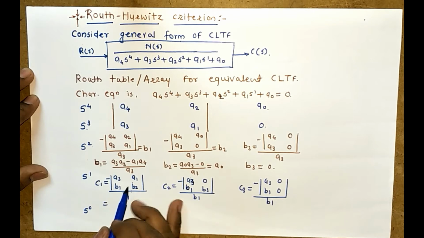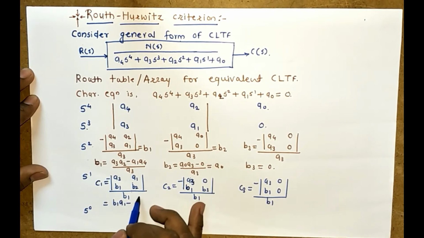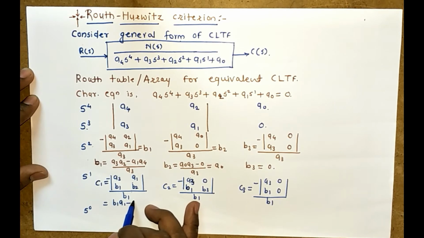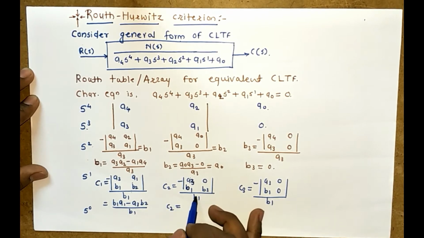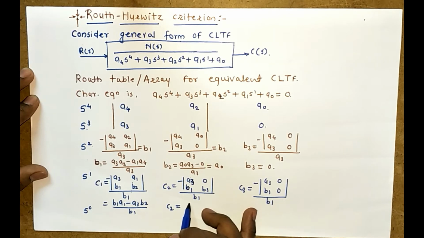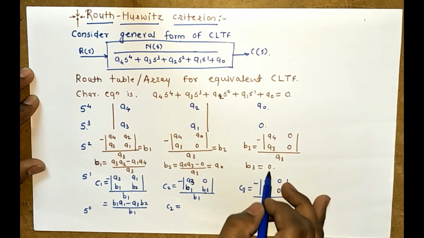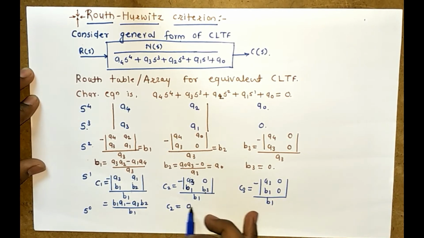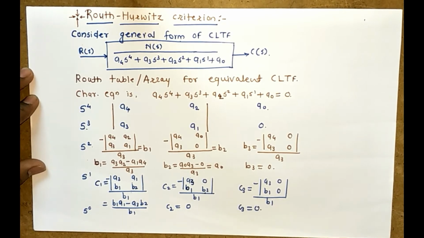And solve the determinant. If you solve the determinant, you directly get the answer 0, because of b3 and above that 0, and b1, so the full column is 0.